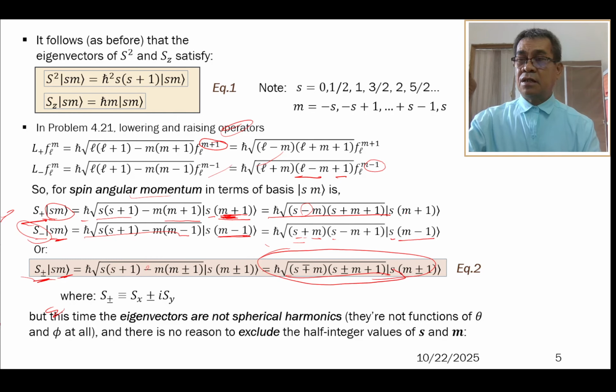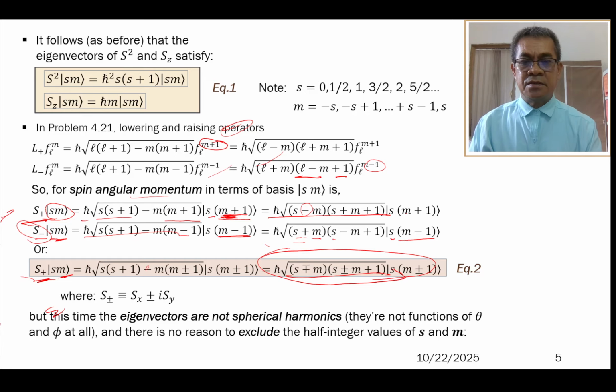It's because the orbital angular momentum depends on the azimuthal angles and also the polar angles. So therefore, the wave function should be a spherical harmonic. But the spin is not a spherical harmonic because spin does not depend on the polar angle and the azimuthal angle.